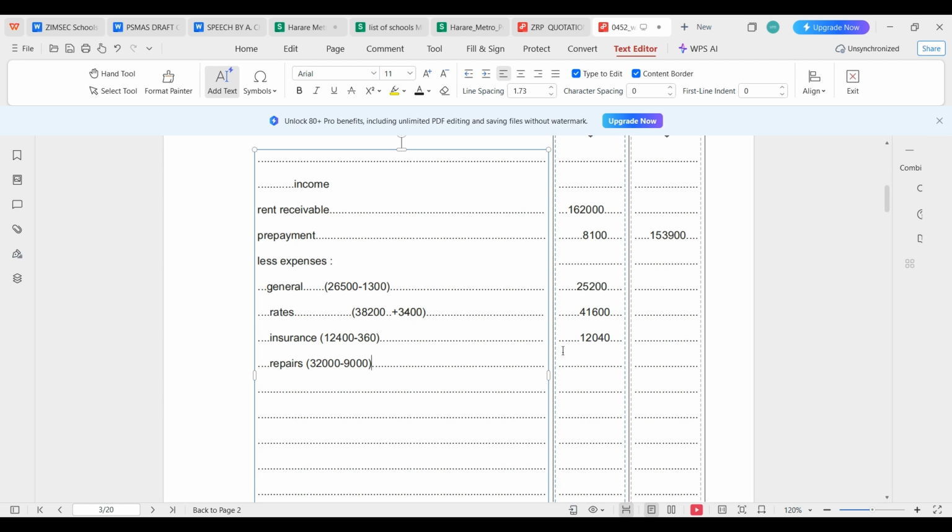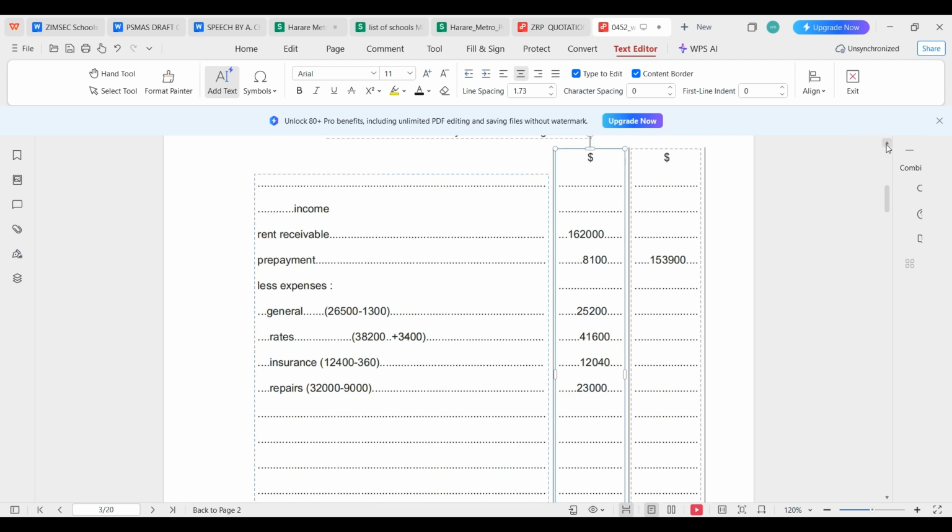So if you say 32,000 minus 9,000, you will get 23,000. So we're going to have 23,000 there. That is how much goes to our repairs. We don't need to forget the 9,000, because remember the 9,000 is regarding capital expenditure. So don't forget it. It has to go to the fittings where it is supposed to go. We'll take note of that when we calculate depreciation, which is also an expense.